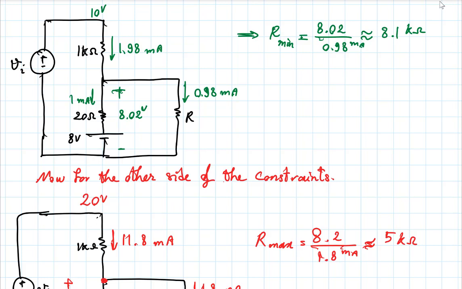If you are operating within the regulated region, the output is more or less constant. So the current going through the 1 kilo ohm resistor is going to be influenced very directly by the variations at the input. If I double the input, that current is going to go up, right?